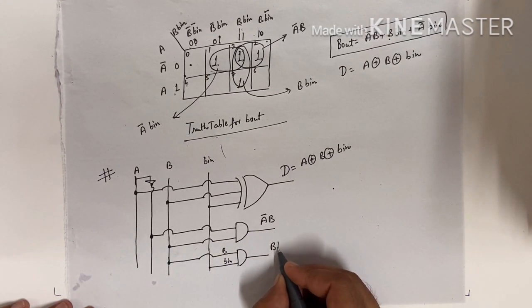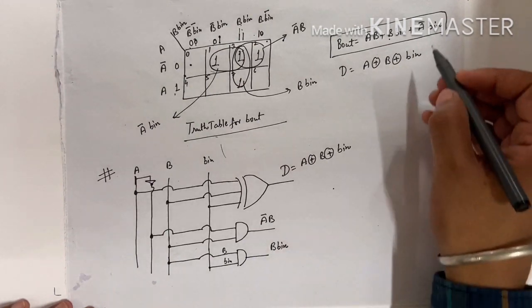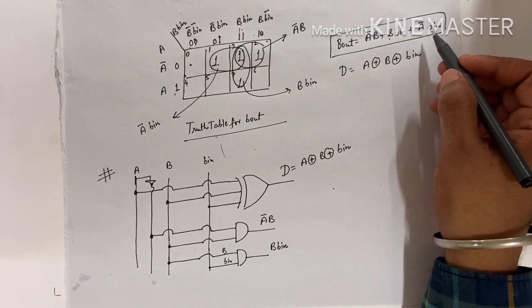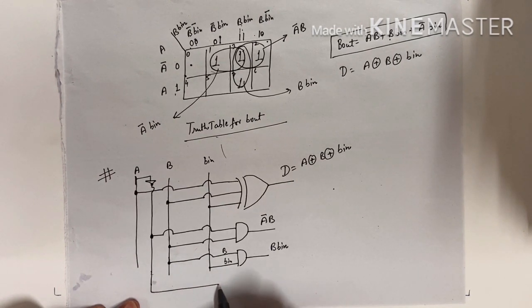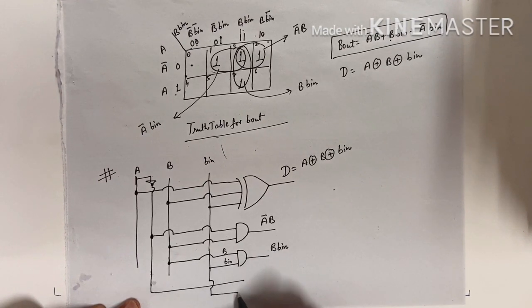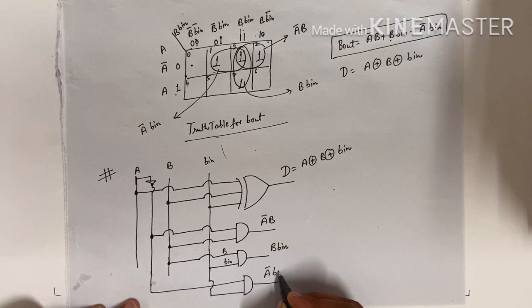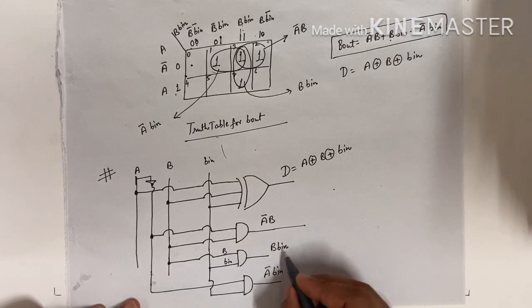Okay, so we can see B input. Now last is A complement B input. So A complement means NOT gate input and B input. So B input we can get from this. Okay, so we can get A complement B input and these 3 are in summation form.